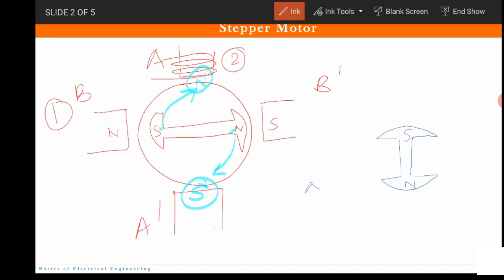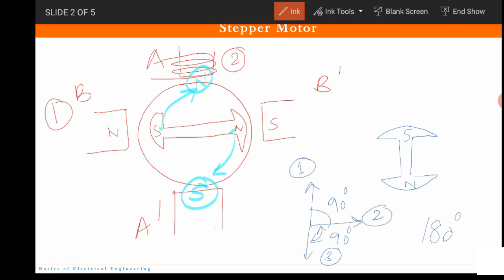So earlier the position was this. After that the position became this, 90 degree. Now it has arranged itself to this position. It means another 90 degree shift was there. So what is the total shift? 180 degree.